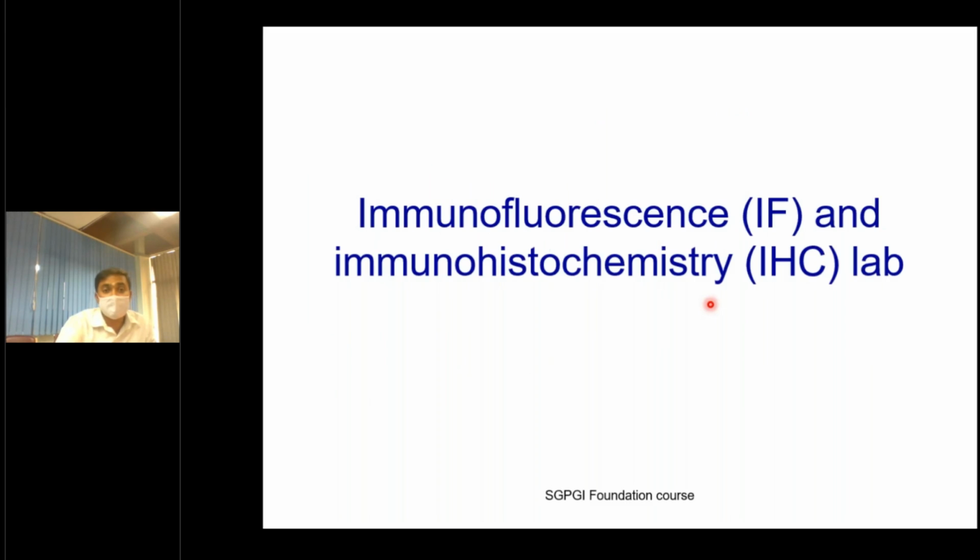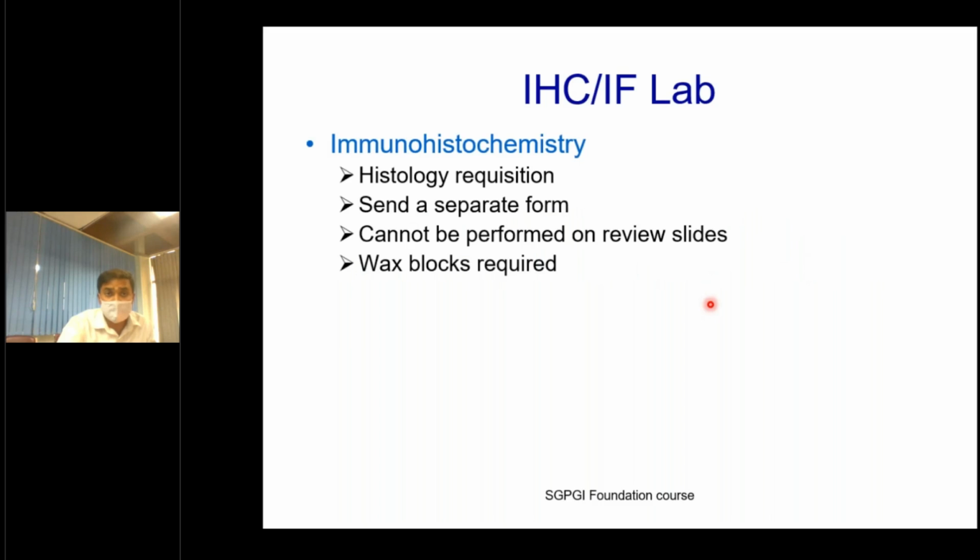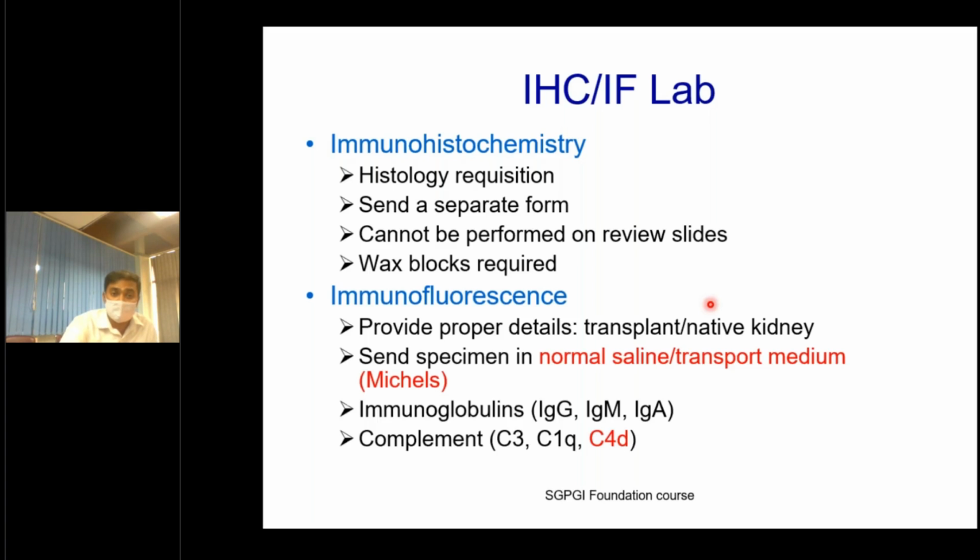Other requests that we get are for immunofluorescence and IHC, that is immunohistochemistry, especially in malignancies. The histology requisition is always mandatory, and send a separate form for IHC. It cannot be performed on review slides because we need blocks for it. If blocks are available, then we can perform IHC.